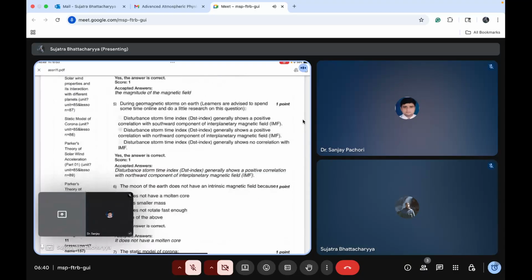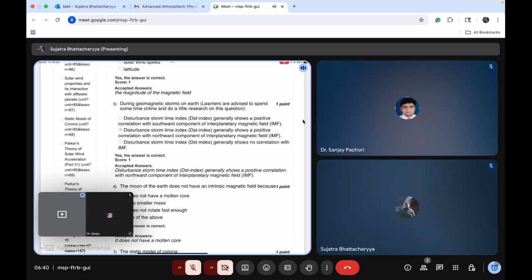The next question, again about geomagnetic storm, is a bit research oriented. I also don't have much idea about this geomagnetic storm. If you search on Google and try to understand what it is, I could find that the second option is much closer, the disturbance time index. One of the indices for calculating the geomagnetic storm is DST, the disturbance storm time index.